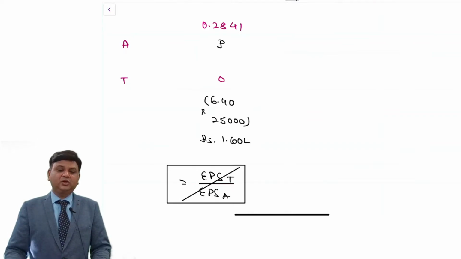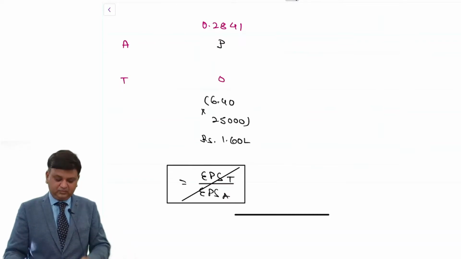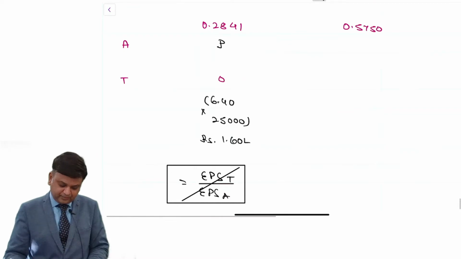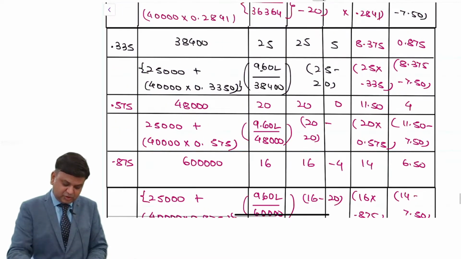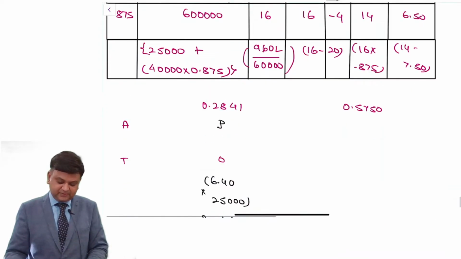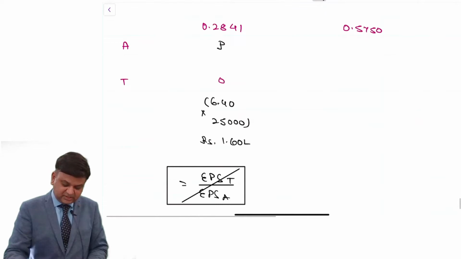My question to all of you is, what is the maximum affordable exchange ratio to acquiring company so that its EPS is not diluted post acquisition? Now friends, the answer is very simple. It is 0.5750. When exchange ratio is 0.5750, the acquiring company has no profit, no loss, so it is 0.